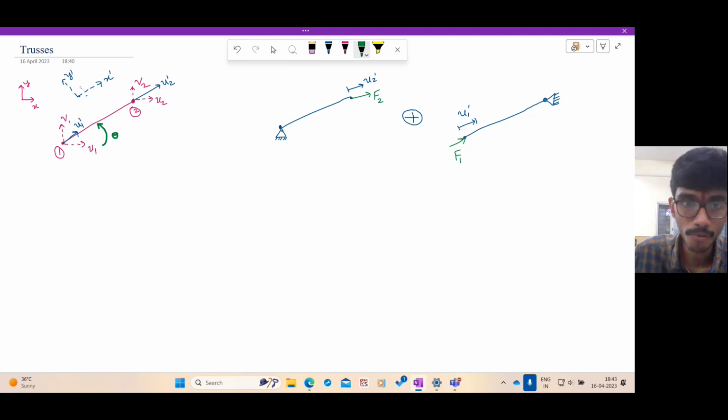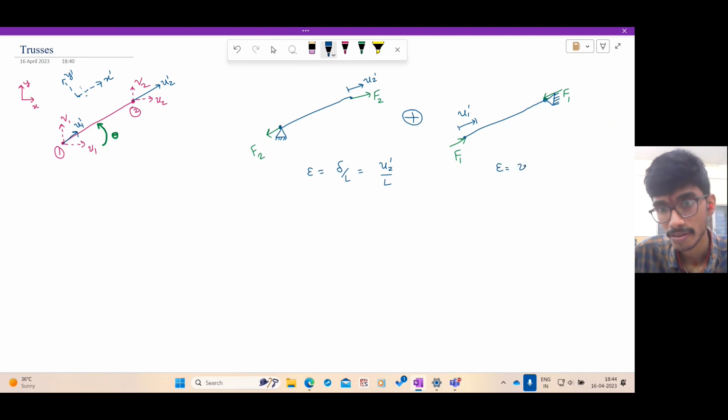But we know that an equal and opposite force will act because trusses are two force members. So here we'll have an F2. Here also you will have an F1. By basic strength of materials analysis, we can easily say what the strain is. Strain is delta by L. In the first case, it is U2 prime by L, and here it is U1 prime by L, so it's negative. What is the force that is required?